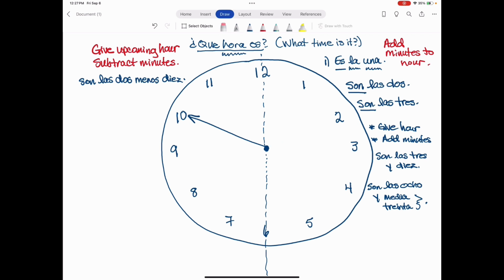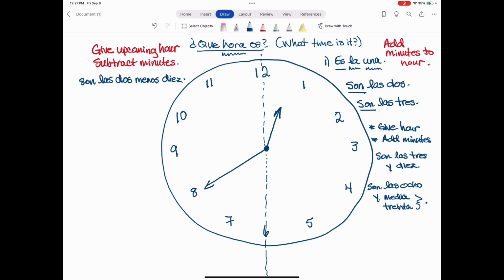Okay, let's do another one for an example. What if it is 20 minutes to 1? Now remember 1 is singular, right?